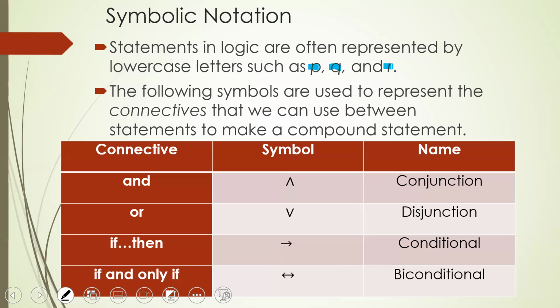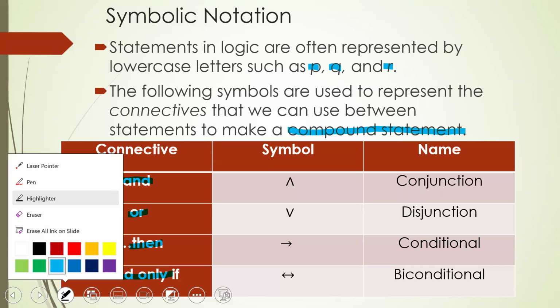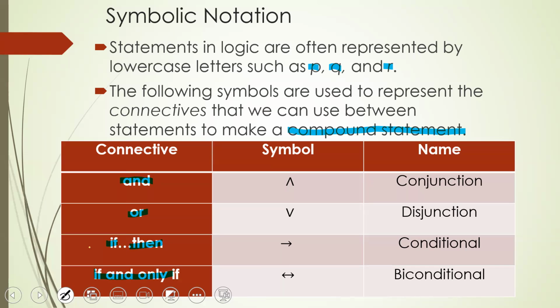And then that would make what is called a compound statement when you put things together. So the different connective words that we might see are and, or, and then if and then together, and then if and only if. Now I'm going to focus on just the top three, and, or, and if then.